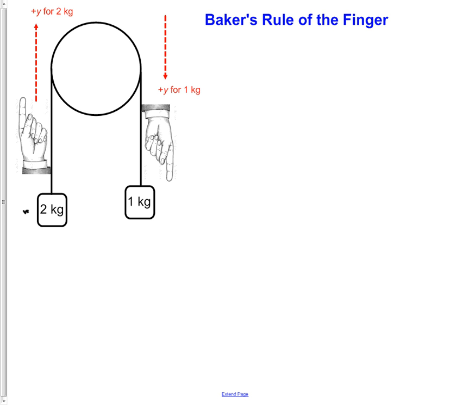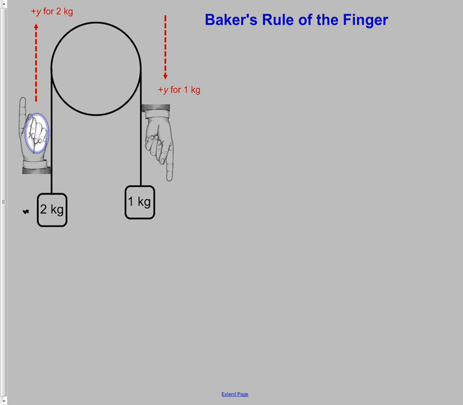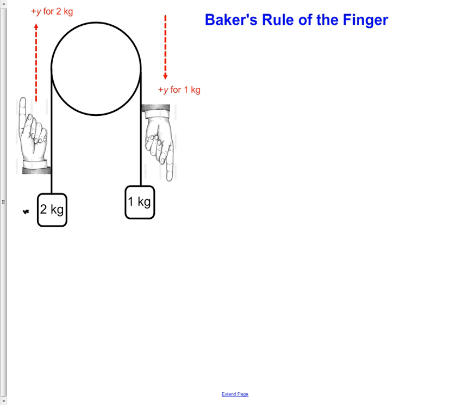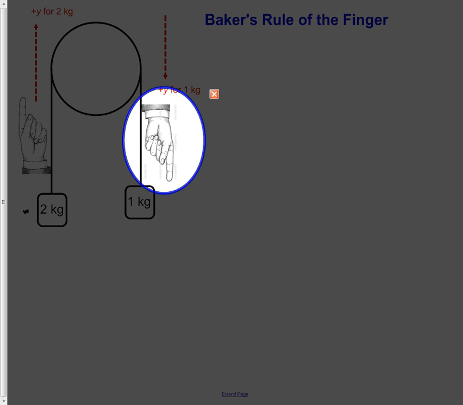And so what you imagine doing is once you've chosen positive acceleration for somebody, okay, then you imagine your finger pointing in the direction that you've chosen it, okay? And then when you come to another object in the system, you now follow the string around until you get to the other object with your finger.